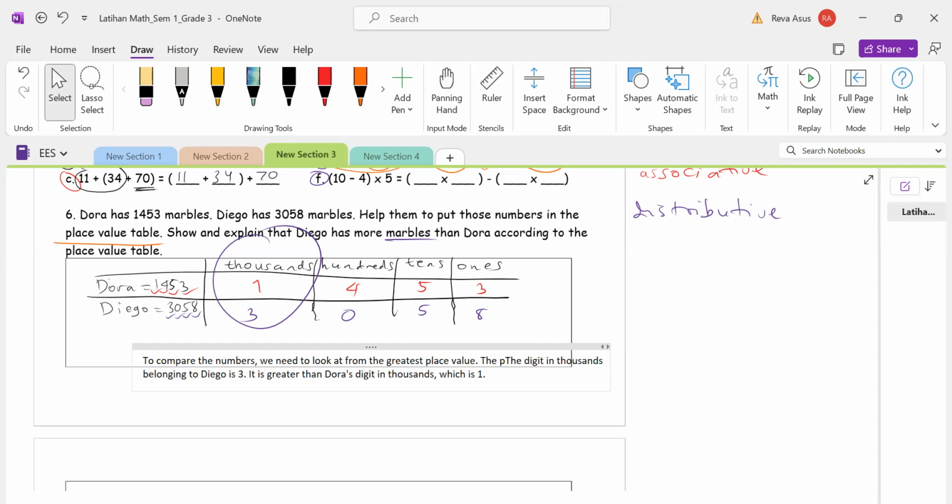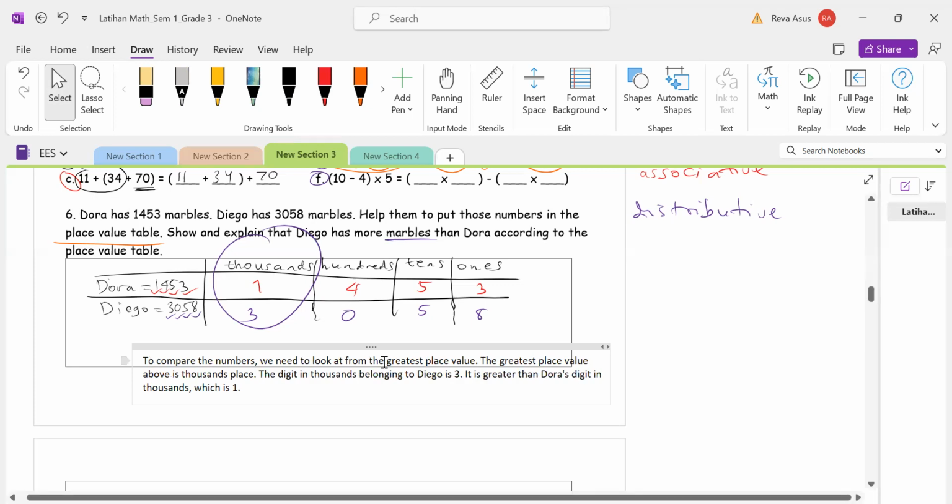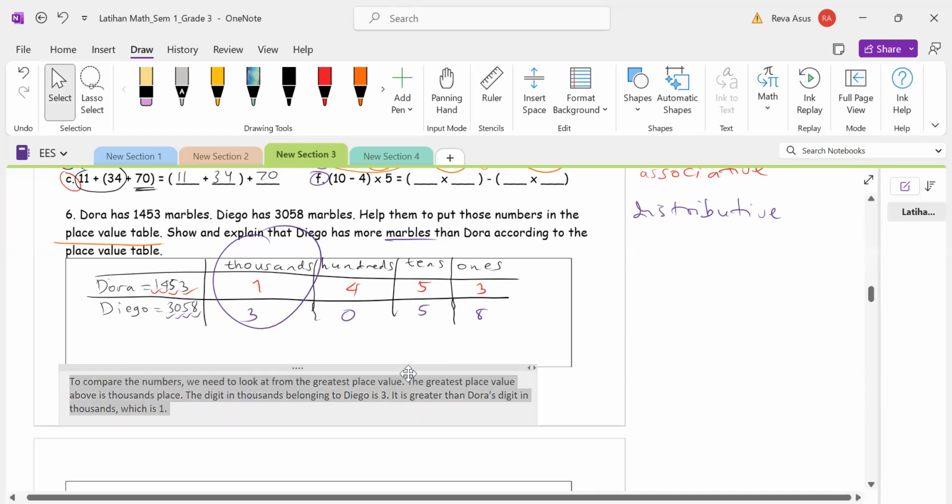The greatest place value above is the thousands place. Okay, yeah, that's the answer. We can put it here. All right.